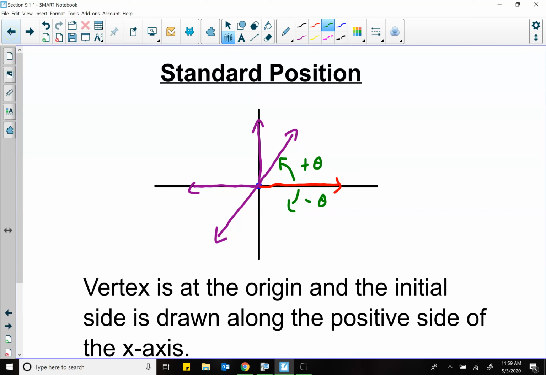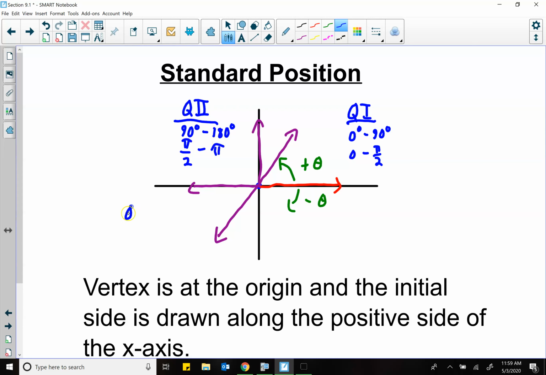So let me tell you, in quadrant 1, just to give you some information, this is where you have 0 degrees to 90 degrees, or 0 to pi over 2 radians. In quadrant 2, this is where you have 90 degrees to 180 degrees, or pi over 2 to pi.